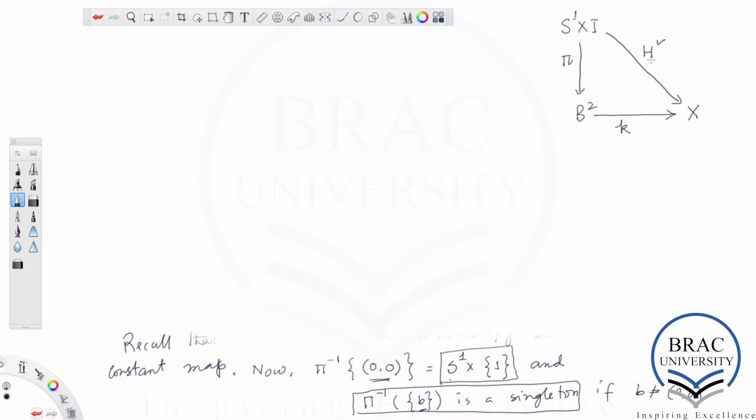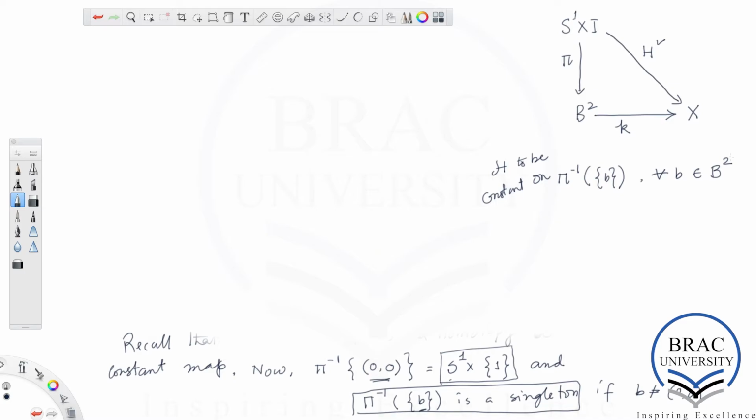So we want H to be constant on each of these sets, the inverse image of P. We want H to be constant on this set for all B in the 2 disk. This is what we want to do so that we can apply theorem 2.